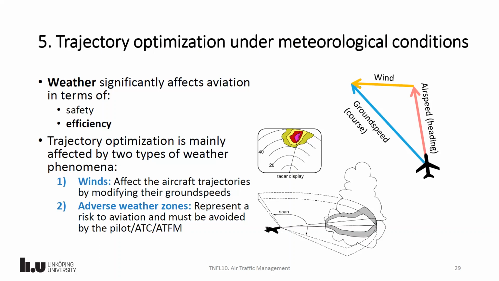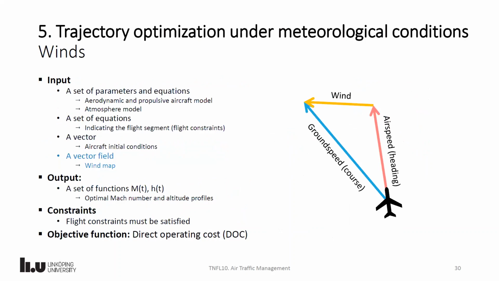So these two weather phenomena affect a lot the aircraft trajectories. So let's start with the wind. If we try to incorporate winds into our optimization problem, of course, it will come in the form of an input.